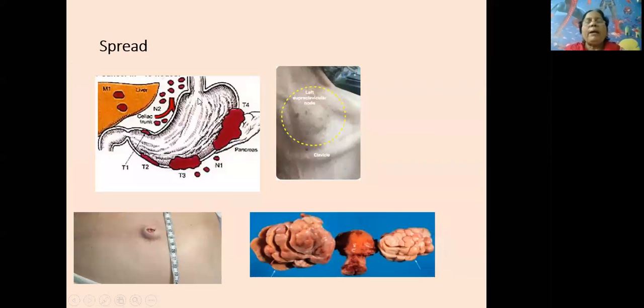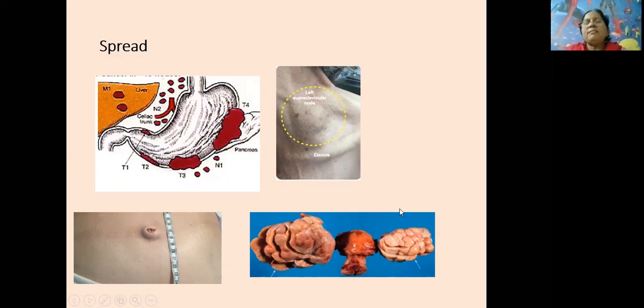So where does it spread? Carcinoma stomach. So regional lymph nodes, liver, and it can infiltrate into the pancreas also, and left supraclavicular node, that is called as Virchow node, and Sister Mary Joseph nodule, umbilical nodule, and into the ovary through peritoneum.